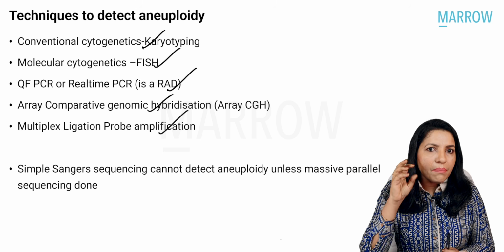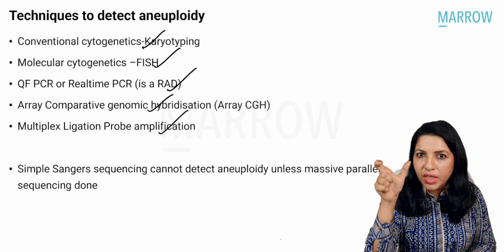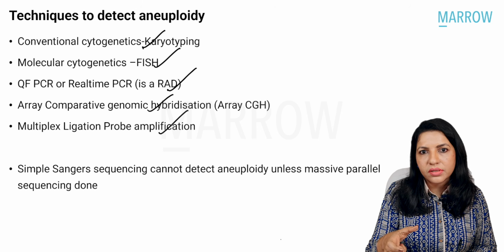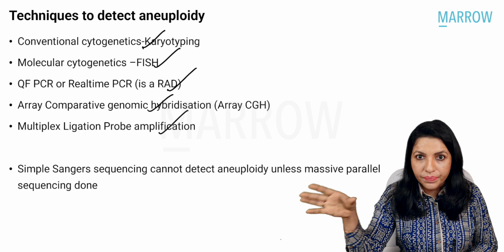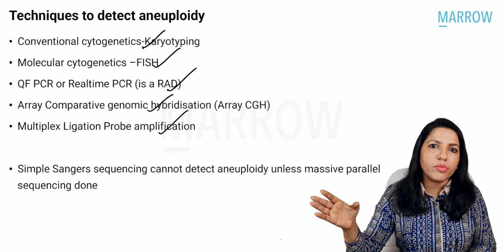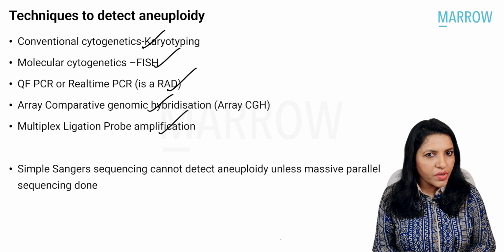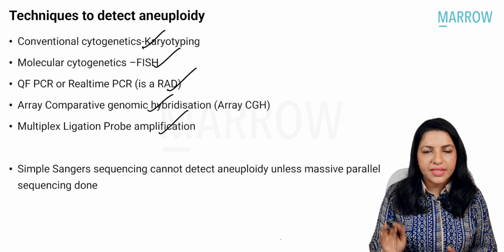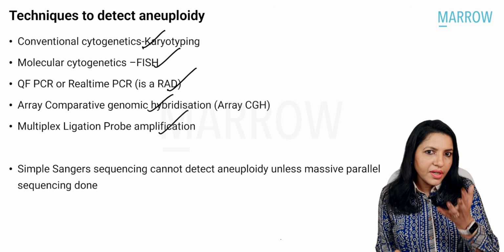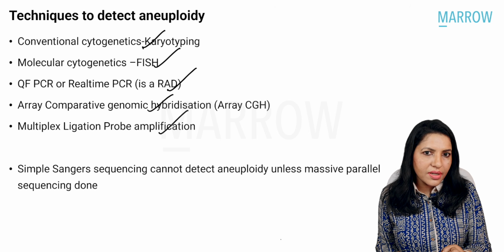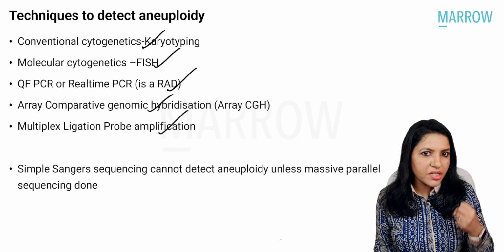That is called massive parallel techniques, which is the NGS platform. So if we use Sanger's technique on the NGS platform, then we can sequence the entire chromosome and aneuploidy detection is possible. So directly Sanger sequencing is not, but under this massive parallel sequencing platform, it is also a technique to detect aneuploidy.